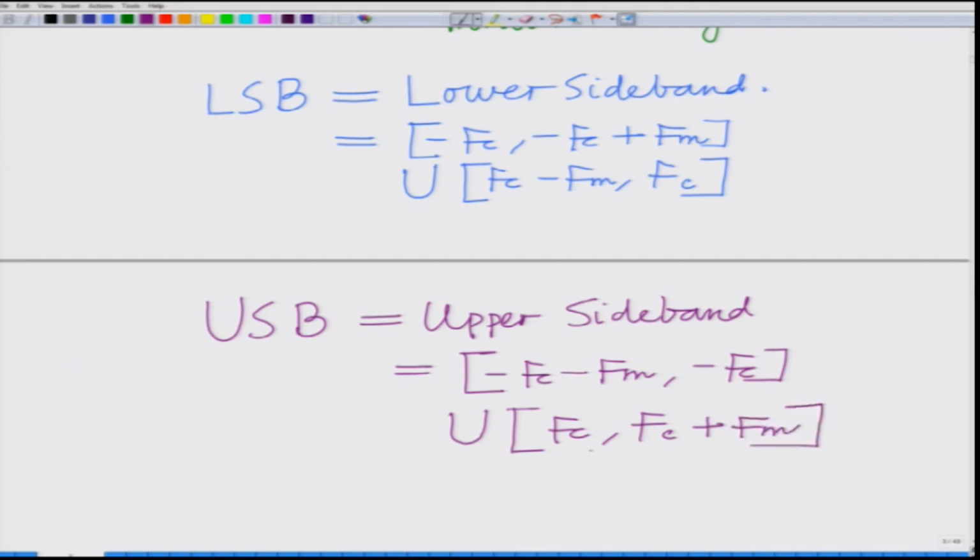So, we have two sidebands, the upper sideband and the lower sideband of the signal.